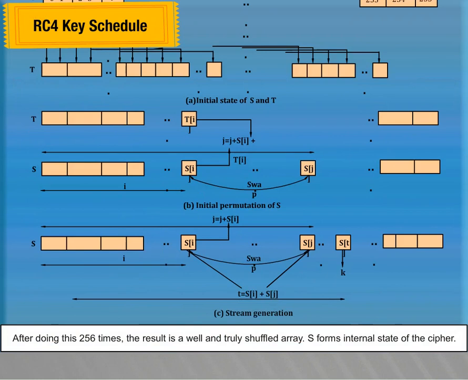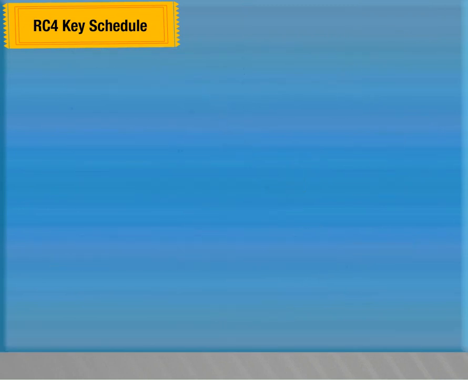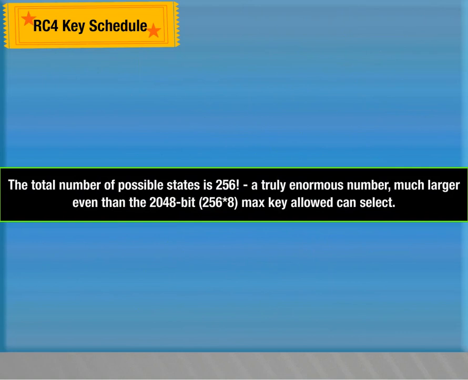After doing this 256 times, the result is a well and truly shuffled array. S forms the internal state of the cipher. The total number of possible states is 256 factorial, a truly enormous number, much larger even than the 2048-bit, that is 256 times 8, max key allowed can select.